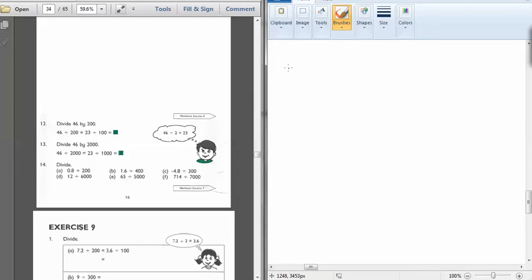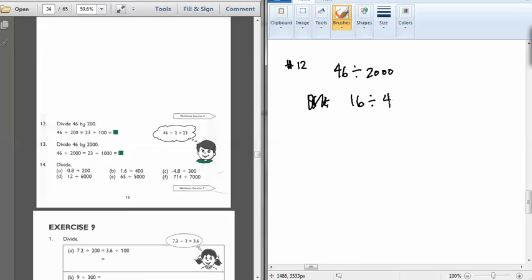Let's do it. Number 12. So if I have 46 divided by 2,000, I think one way I can introduce this to you is think about this. What if I had 16 divided by 4?